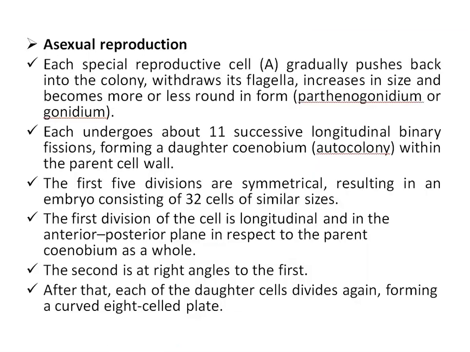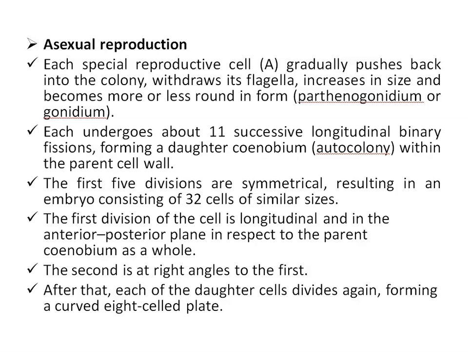So first of all, we'll discuss asexual reproduction. The daughter colony, or gonidium, grows from the reproductive cells around the equator of the colony. So each special reproductive cell gradually pushes back into the colony, withdraws its flagella, increases in size, and becomes more or less round in form, right?